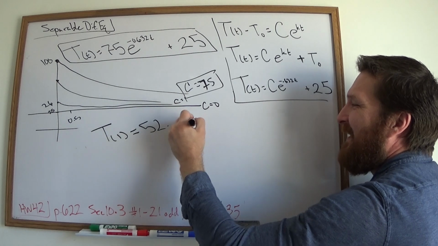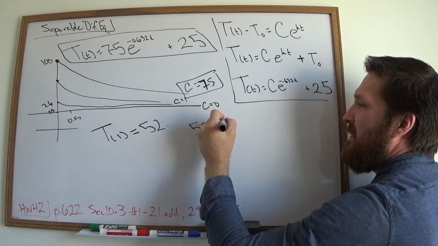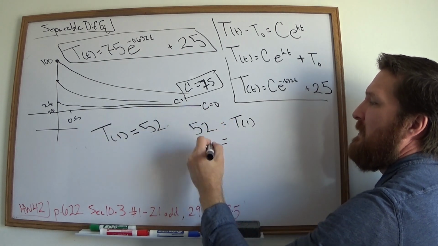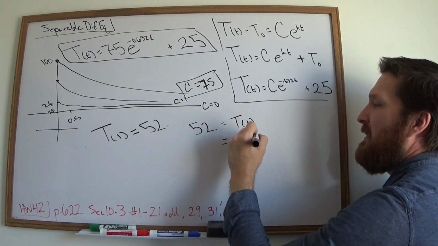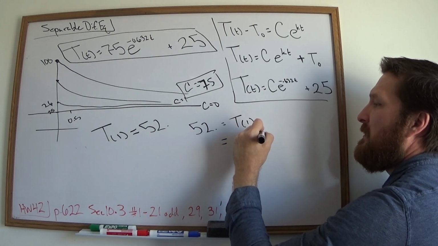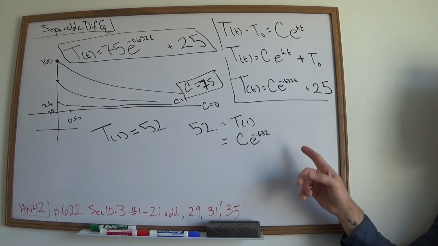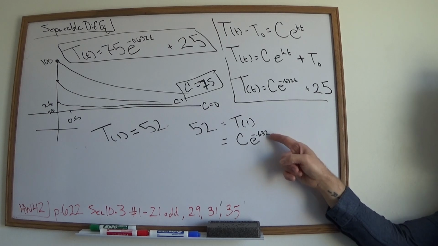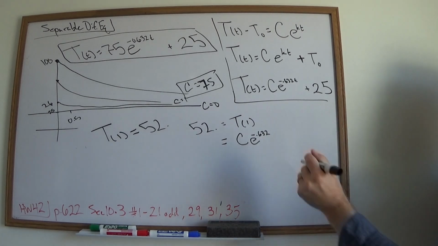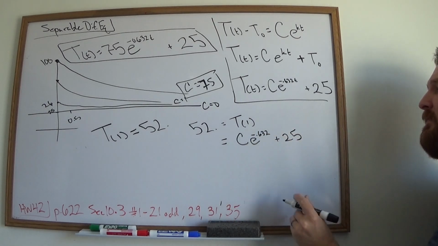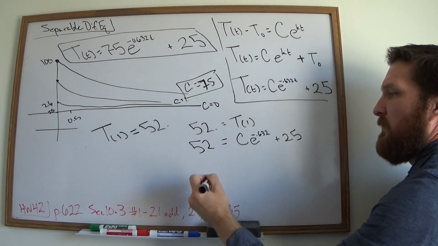We say, well, 52 point stuff is equal to T of 1. T of 1 is C e to the negative 0.632. And even 1 is easier than, say, 2, because we don't have to multiply T times that thing. It worked out nice. Plus 25 is 52.